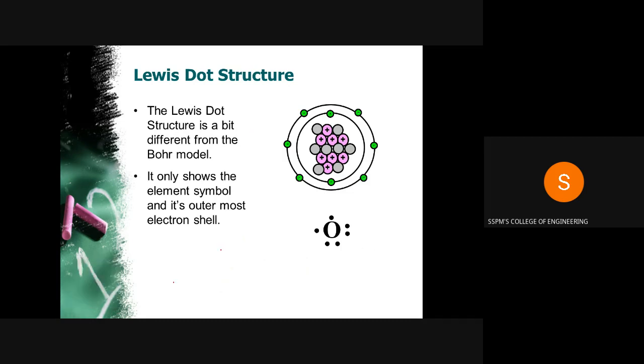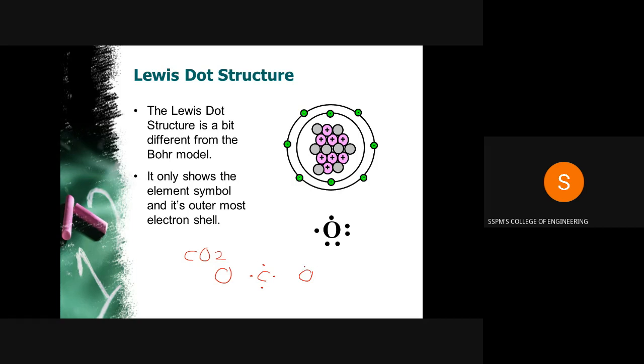Then try to write the structure for CO2. How can you write the Lewis dot structure for CO2? C at the center, O and O on the sides. For carbon, the valence electrons are 4. How do you calculate this? 12 minus 6 equals 6 electrons, meaning 2 electrons in the inner shell and 4 electrons in the outer shell.